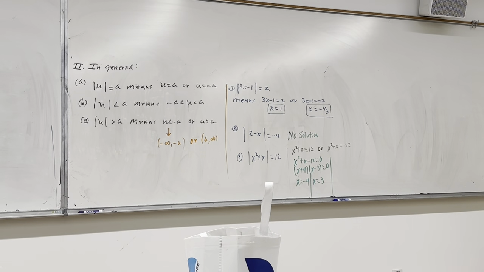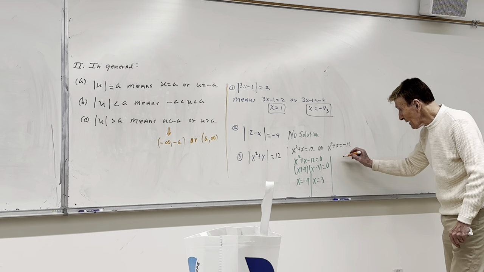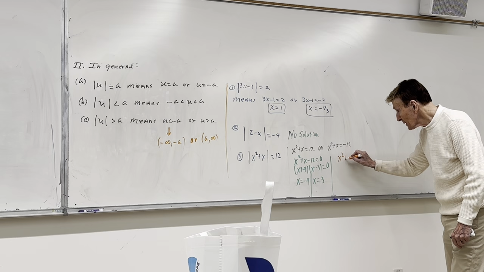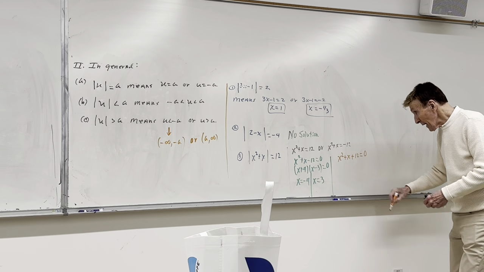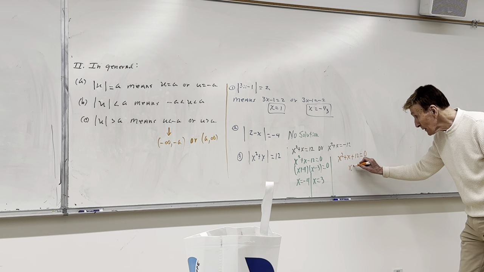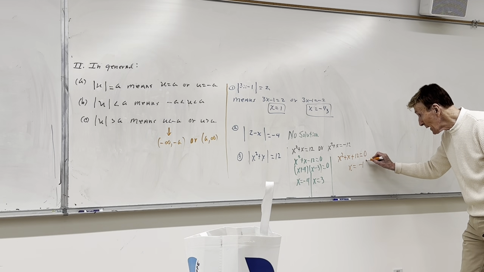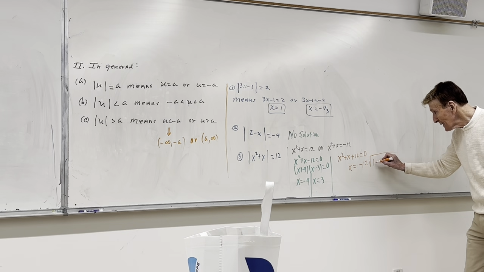If I try the next one, here we go. See if this orange will work out for me. To solve this quadratic, move the 12 over. Make it plus 12. I'll tell you ahead of time, this one will not factor. So if I try the quadratic formula on the orange, I hope you guys can see that orange. x is equal to, by quadratic formula, -1 plus minus square root. Guys, b squared is 1.